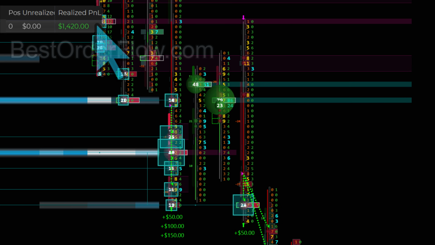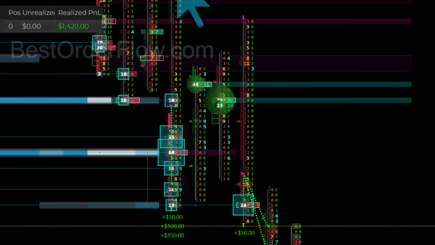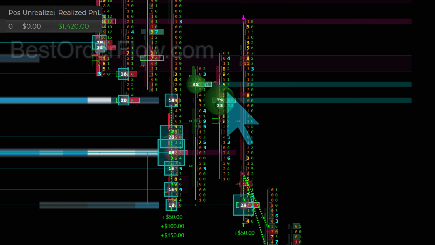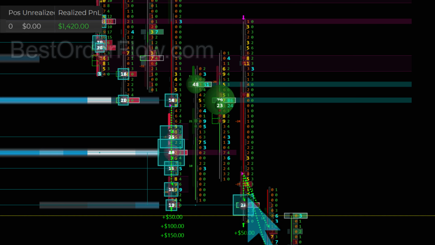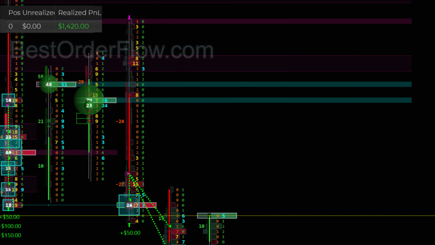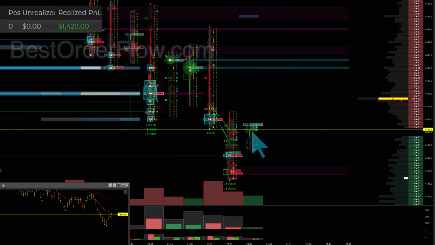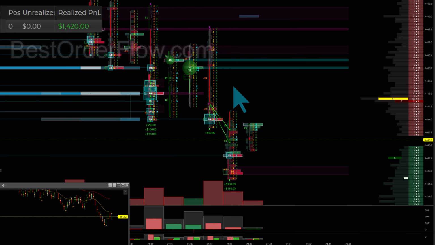Unless these buying icebergs exit over here, possibility absolutely. They're still sitting in a trap, but they can move the price higher and exit right here.